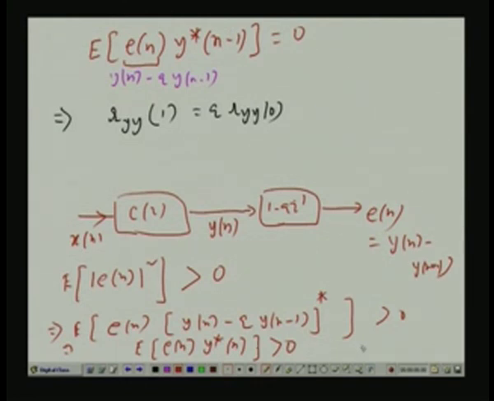Okay. This means, now if you replace E n again by y n minus q y n minus 1 and carry out the sum, what you get, R y y, that is E n again is replaced by this expression, y of n minus q into y n minus 1. Okay. If you do that, what do you get here?